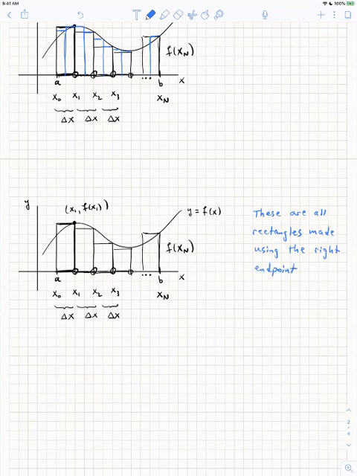But notice that some of these rectangles are a little too big and some are a little too small. So the right endpoint approximation, or the right endpoint sum, won't always give you an upper estimate or a lower estimate. In this particular case, we can't be sure if Rn is too big or too small.